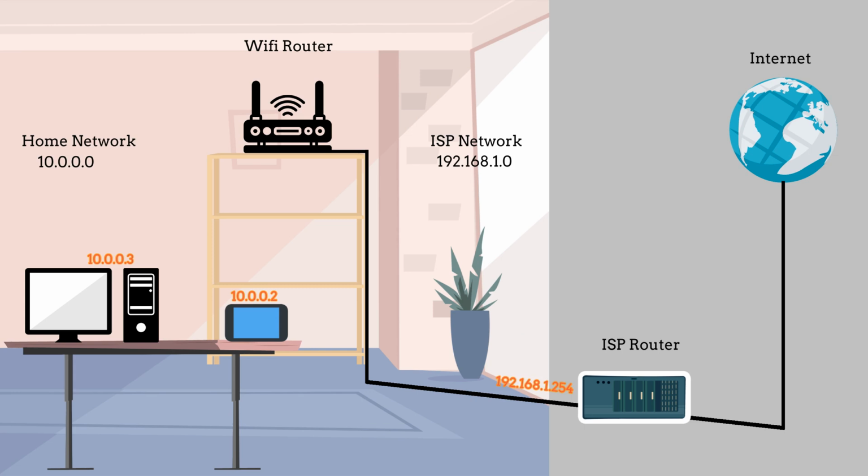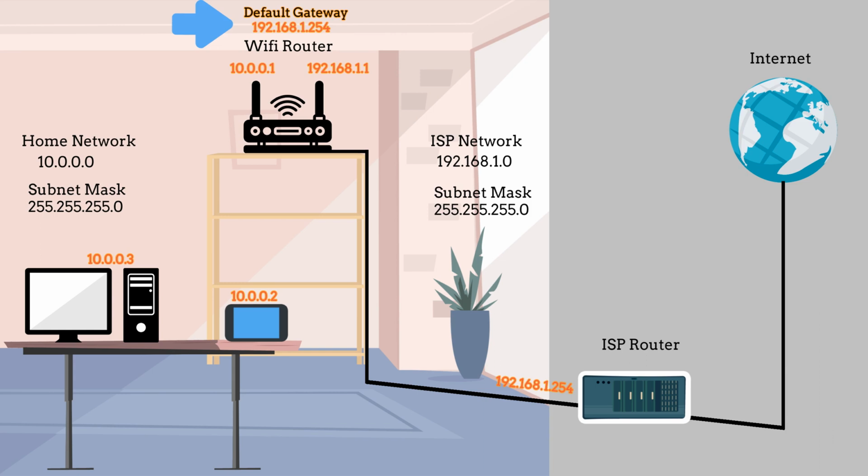Both of these networks use a subnet mask of 255.255.255.0. For the 10.0.0.0 network, the router's IP address is 10.0.0.1. For the 192.168.1.0 network, it's 192.168.1.1. The default gateway for our Wi-Fi router is 192.168.1.254, which is also one of the IP addresses of the ISP router.